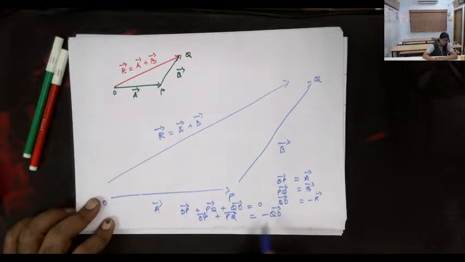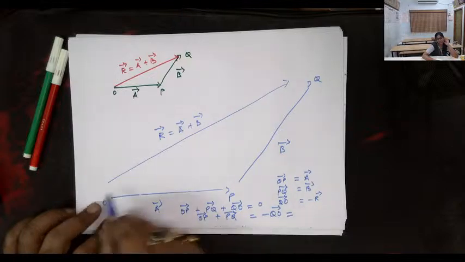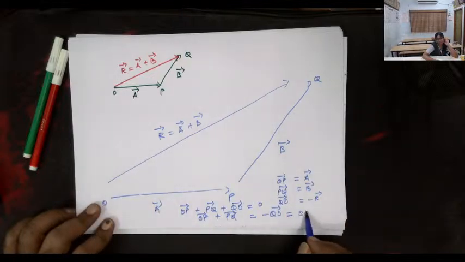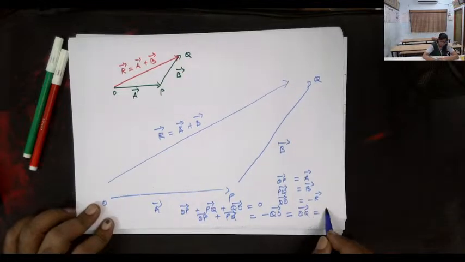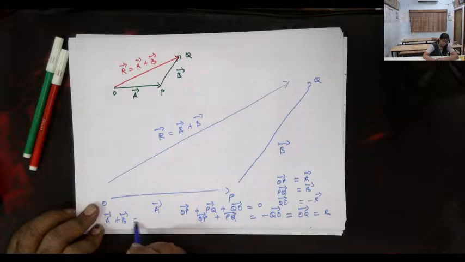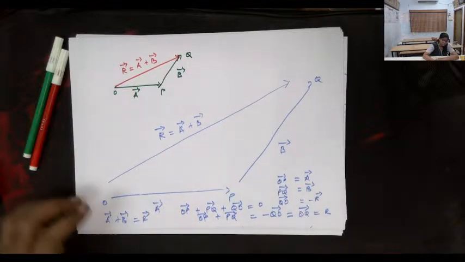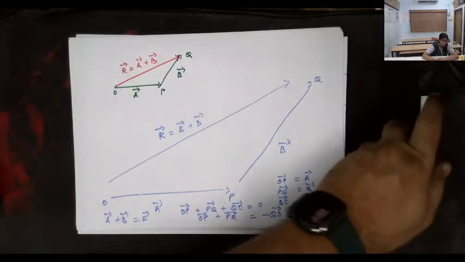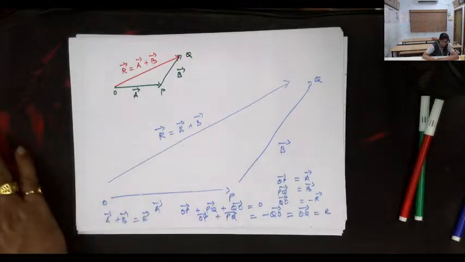Am I right? What is this minus QO? This is nothing but that is positive OQ, is it not? Okay, so that is R. Therefore, this vector A plus vector B is equal to R vector. Okay, so this is known as the triangle law of addition of vectors. So do you understand this concept?